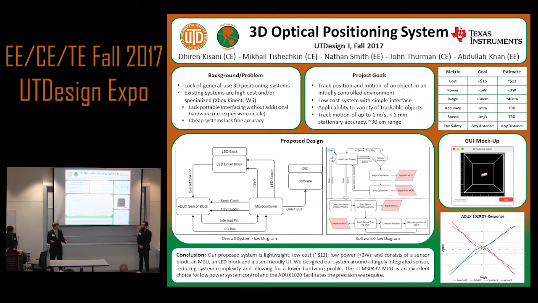So we decided to go with a photodiode-based sensor system. We have our sensor block, we have an LED driver block with infrared LEDs, we have software that takes the sensor data and does math to figure out the position, and we have a microcontroller in the middle doing all of the handshaking. Our first major concern was low cost and low complexity, and we mitigated that by using an 8x1020, which is an integrated photo sensor.